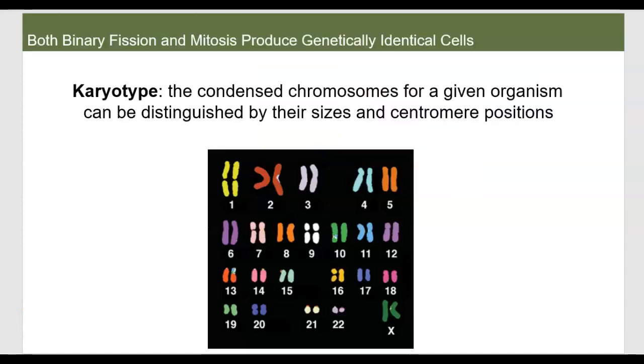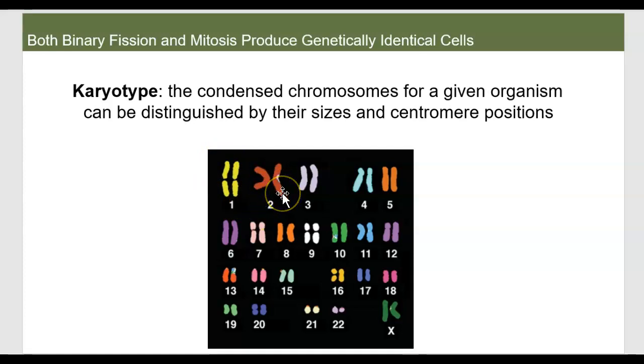When we look at a cell, and if we took out all the chromosomes and put them together, we'd see that they're all in some type of matched set, which is called a karyotype, meaning that on chromosome pair number 1, you received one copy from your mother, one from your father, and we're going to have very particular information.